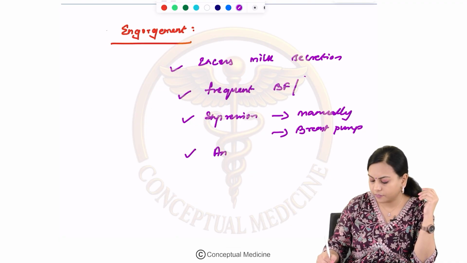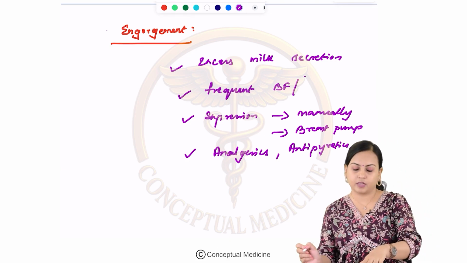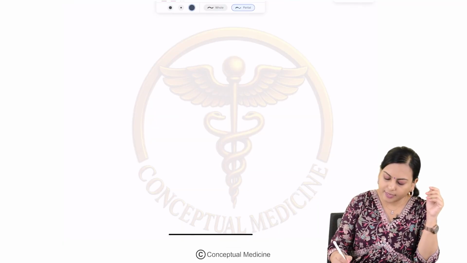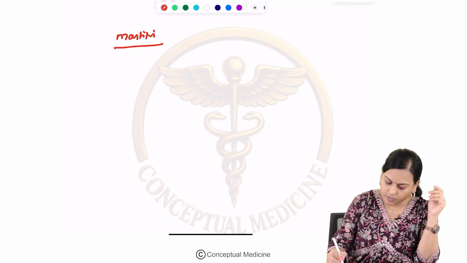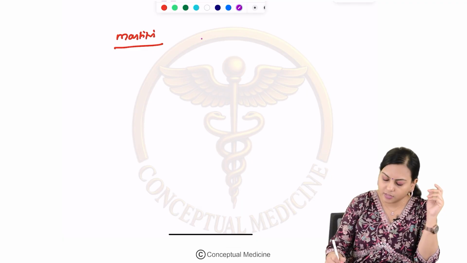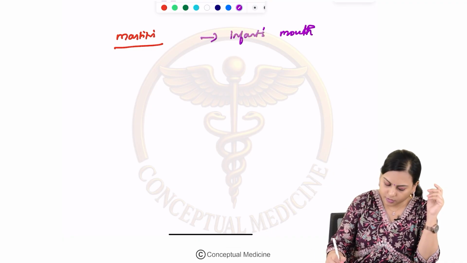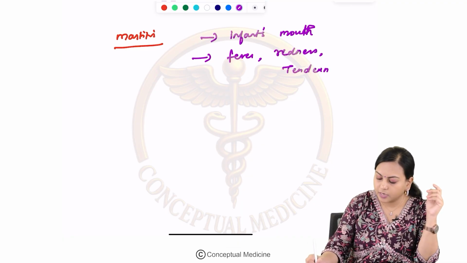For pain relief, you can give them analgesics or antipyretics if there is a fever. Clear? Sometimes this can lead to mastitis also. So, usually mastitis spreads through the organisms that are present in the infant's mouth. You will have fever, redness of the breast as well as tenderness of the breast.